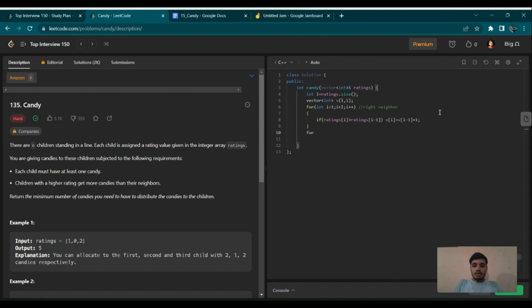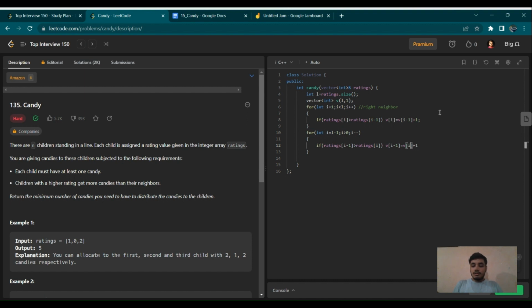Now again, let's do the second part, which is for the left neighbor. Take int i, starting from the previous index, l minus 1, for index i greater than 0, i minus minus. In here, we are going to check if rating i minus 1 is greater than rating i. So if the previous one is greater than the current one, then what we have to do is increase the previous one, which is v i minus 1, to v i plus 1.